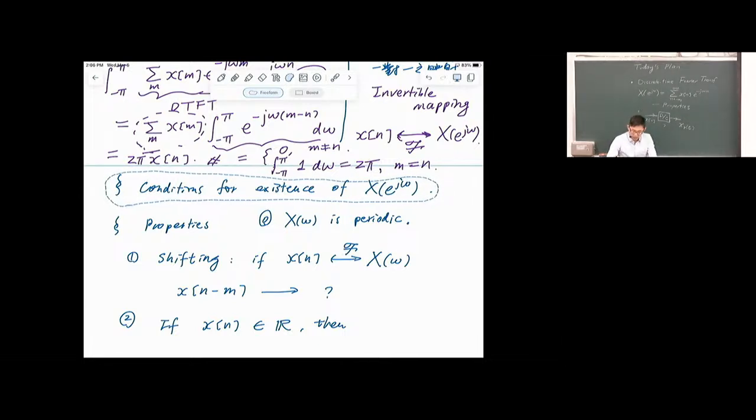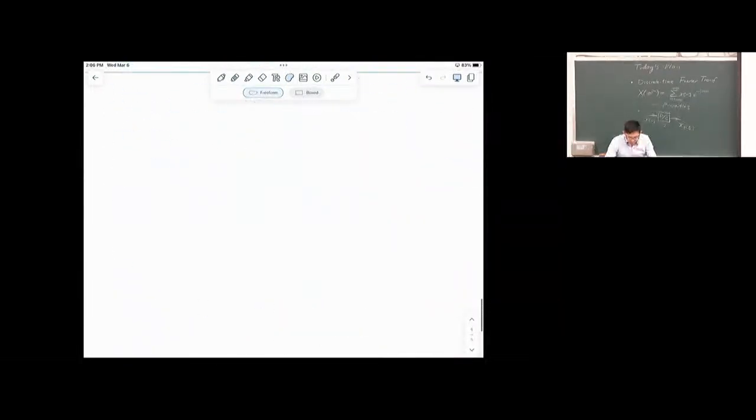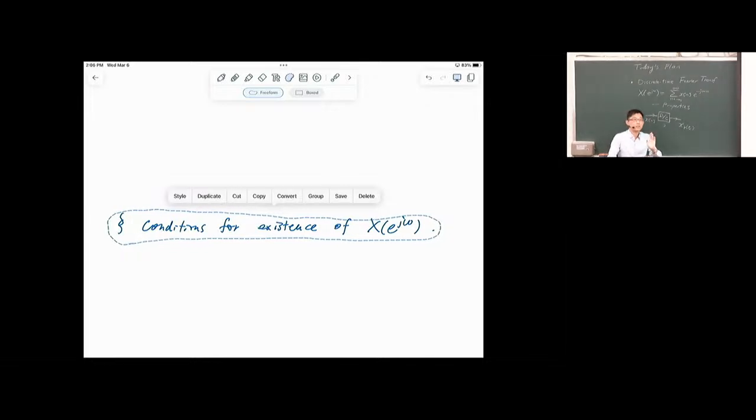Let me move this to my final page. But don't worry about the existence for now.